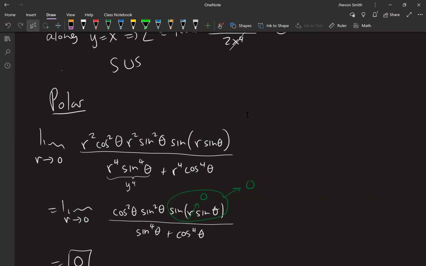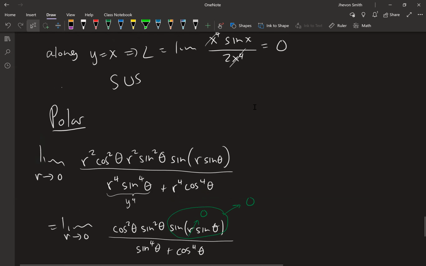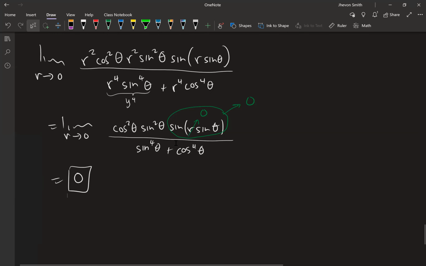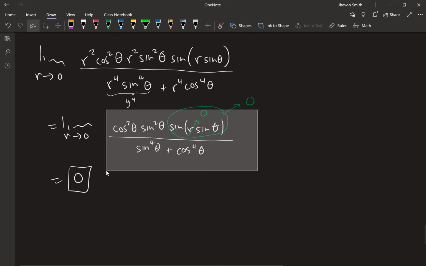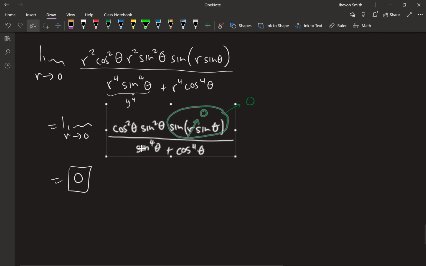So yes, it's hard to get the squeeze theorem to work here. And I don't really want to spend any more time thinking about it, but the polar situation seems to work. Now, how I would definitely determine that the limit does not exist is if I get to a situation where there are no r's and the answer has a function of theta in it.